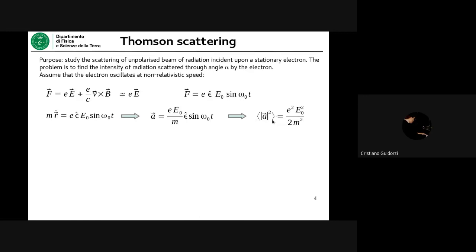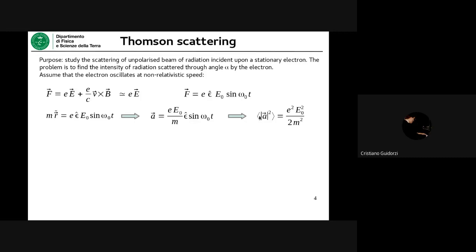What does average mean? The acceleration is a periodic function of time, so I want the time average, the value averaged over a period. If you square this, you have sine squared. The only term that depends on time is the sine of this argument, and the average of sine squared is 1/2.